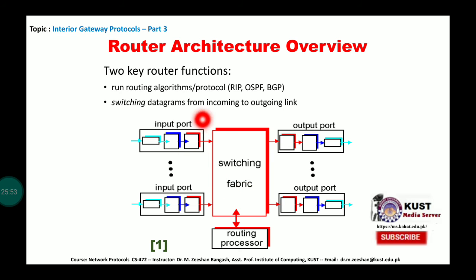So this is the general architecture of any router, which comprises four different parts: the input ports or interfaces, the output interfaces, the routing processor, and the switching fabric.